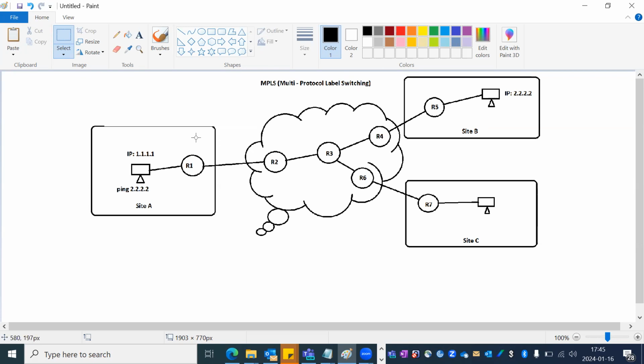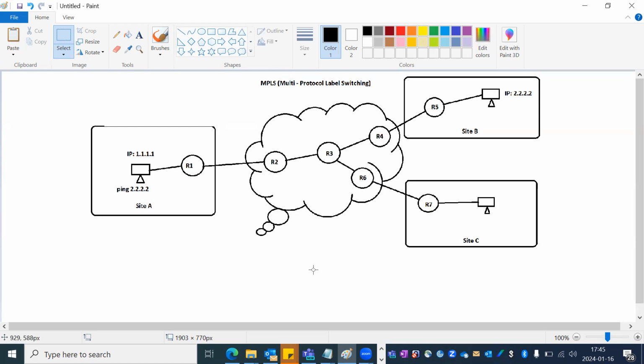Okay. So all the routers have the route, but we discussed earlier that the switching will not be done on the basis of IP address. The switching will be done on the basis of MPLS label.